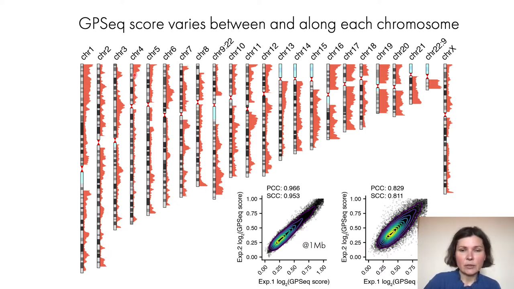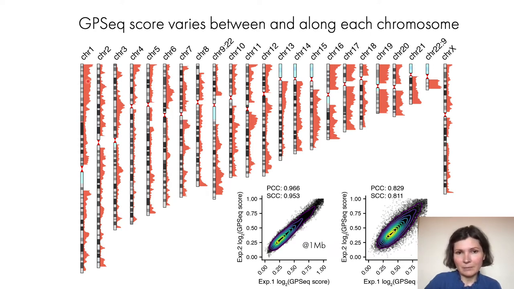And so here I'm showing you a distribution of such a GPSeq score from human HAP1 cells. You can see that the profile differs quite a bit all along individual chromosomes, as much as in between individual chromosomes. The higher the value, the more central location is, the lower the value, the more peripheral.